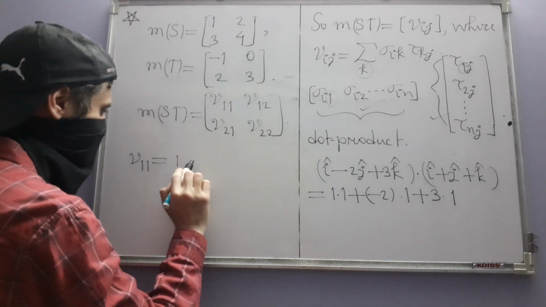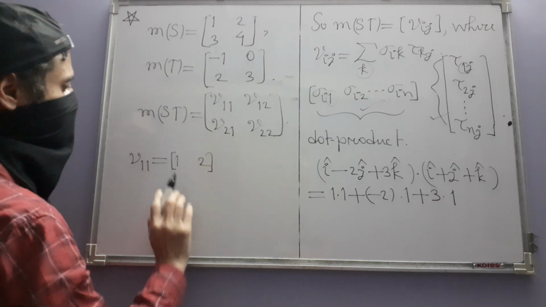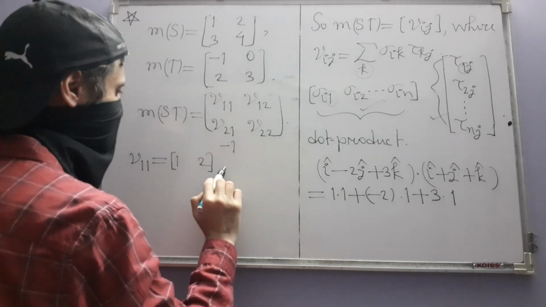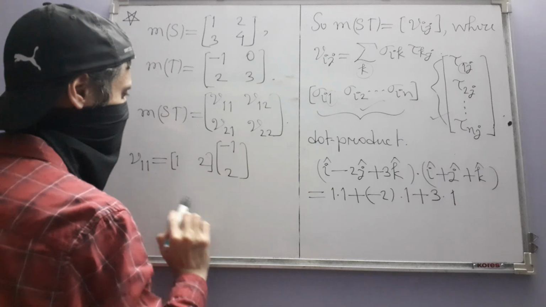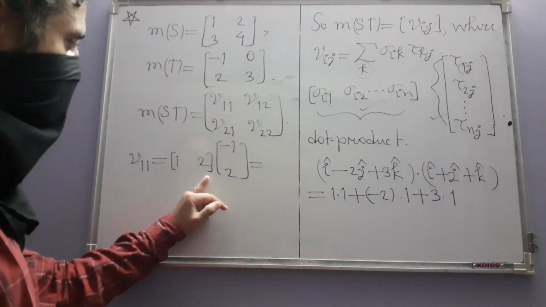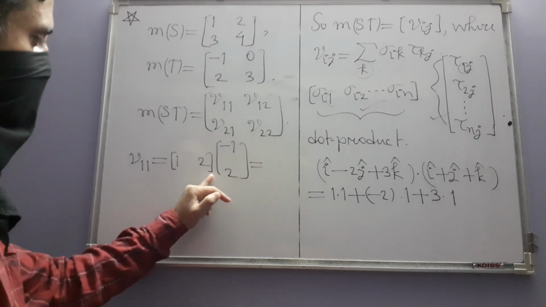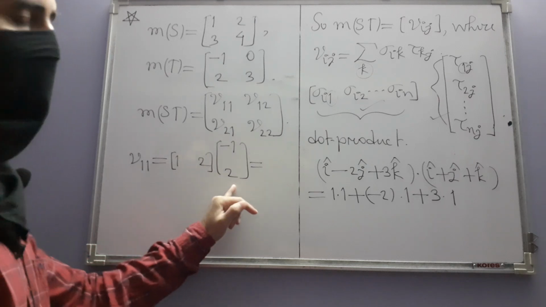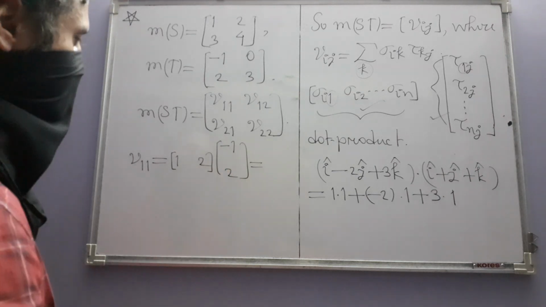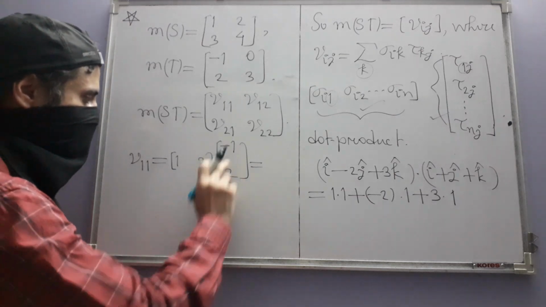Let's just write like this. The first row of MS is 1 2 and the first column of MT is minus 1 2. If we carelessly write like this, we are not actually allowed to write anything like this because nothing like this has so far been defined, but just for the sake of seeing what happens using the row and column.